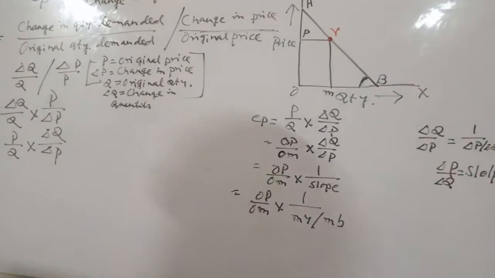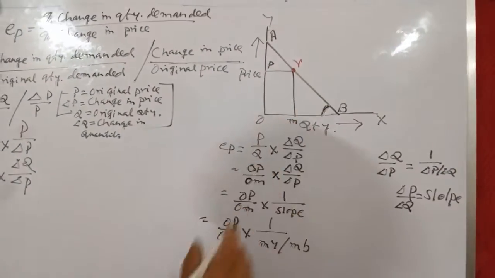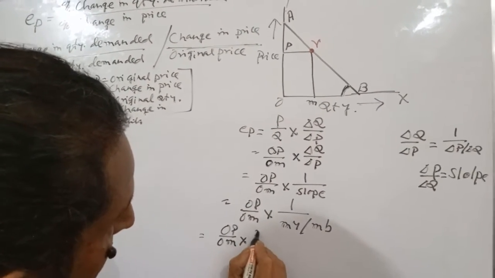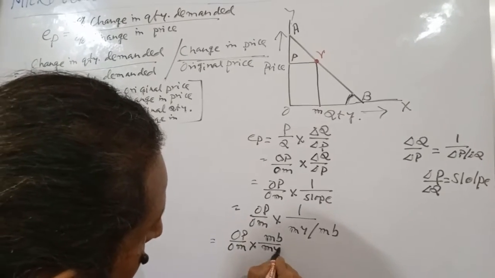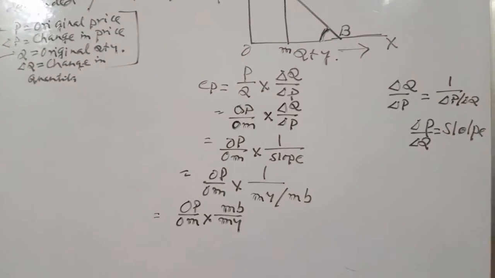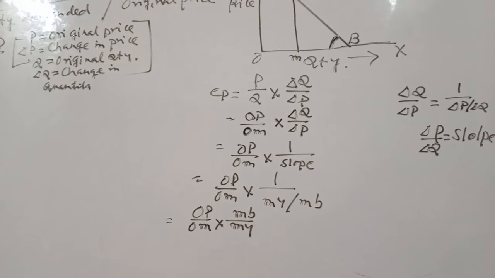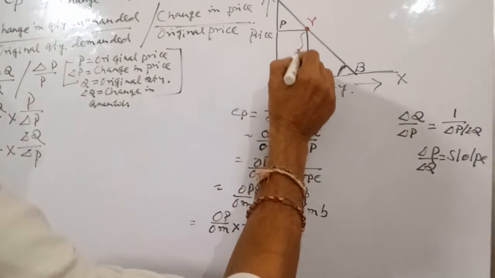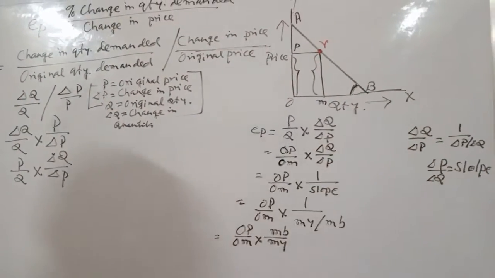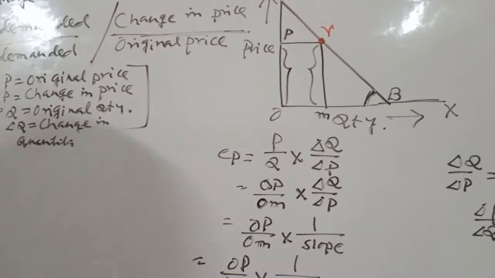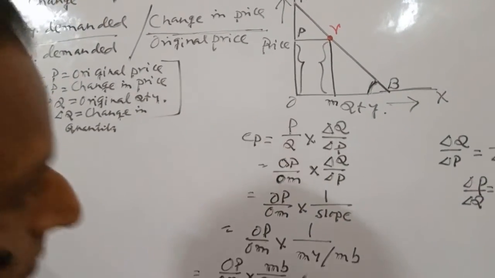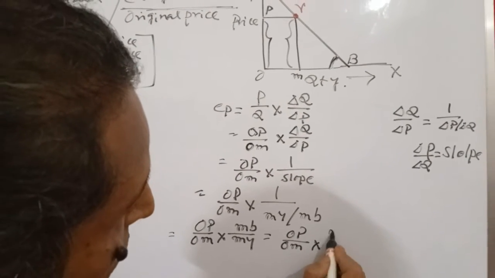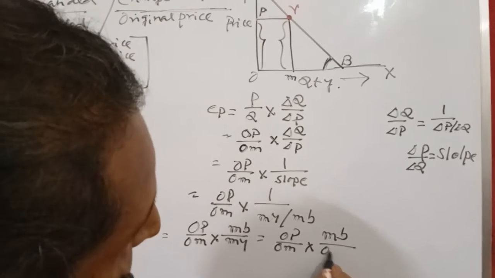So 1 by MY by MB equals OP by OM into MB by MY. Now MY equals OP. So in place of MY we can write OP. So this is equal to OP divided by OM into MB divided by OP.